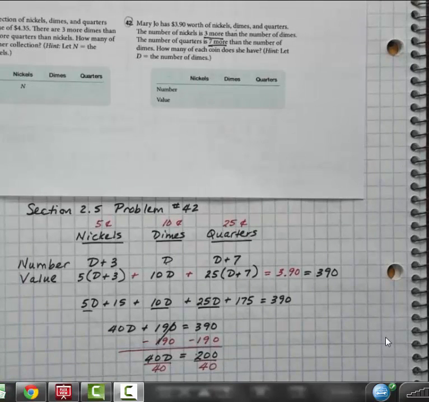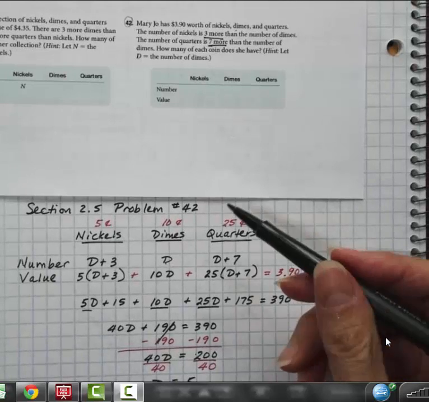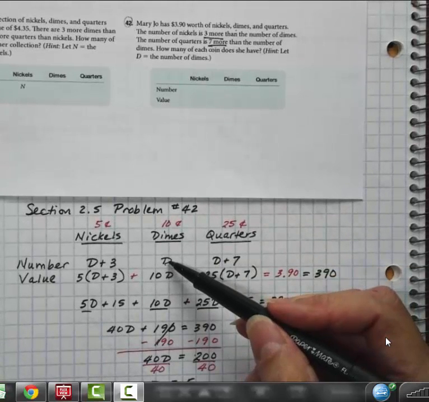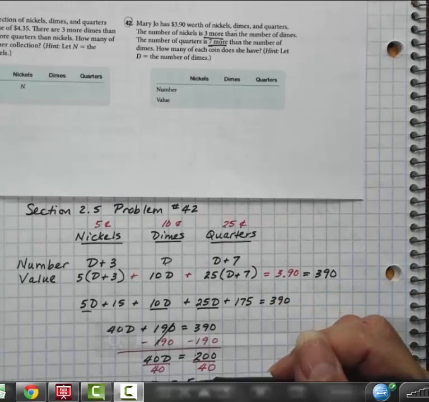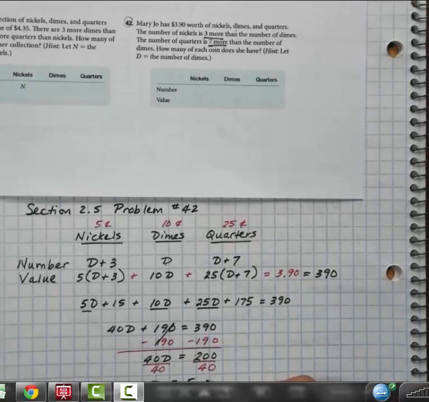And we end up with D equals 5. So what does that mean? What is D representing? D is our number of dimes. So when we have D equal to 5, we have 5 dimes.